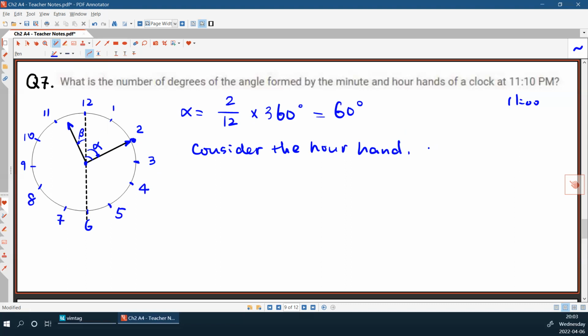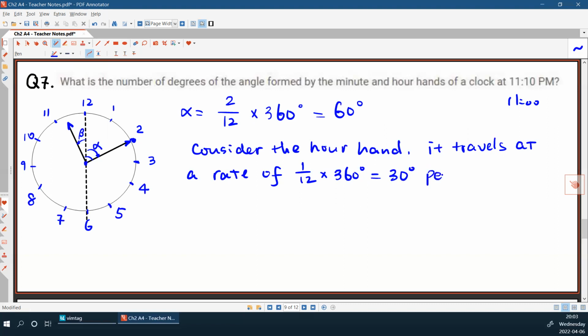So it travels at a rate of 1 out of 12 times 360 degrees, which equals 30 degrees per hour, right? You follow me? Yeah.